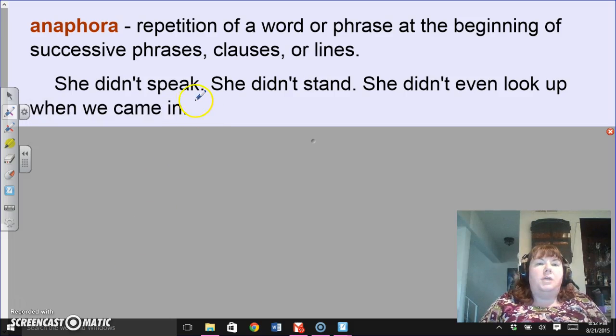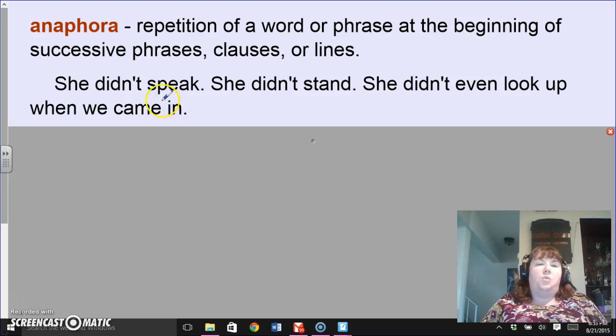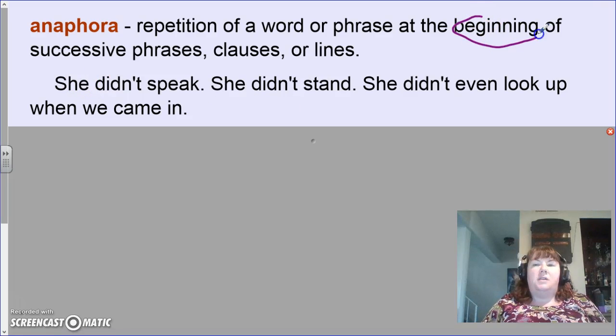Okay, so looking at this sentence: she didn't speak, she didn't stand, she didn't even look up when we came in. What you're looking for is the repetition of the successive phrases, but focus specifically on this idea of it being at the beginning of the phrase. So it's the very first part that repeats.